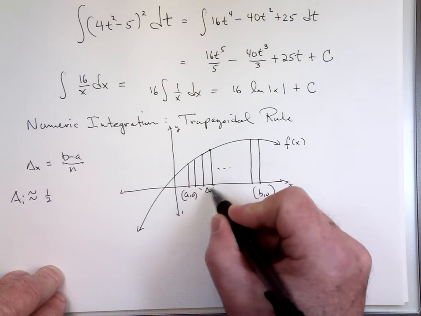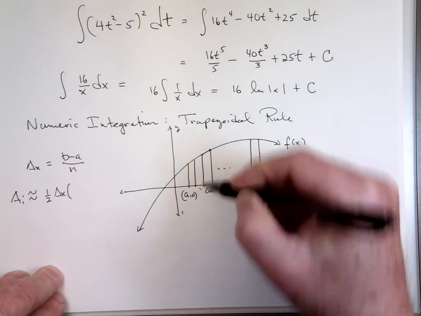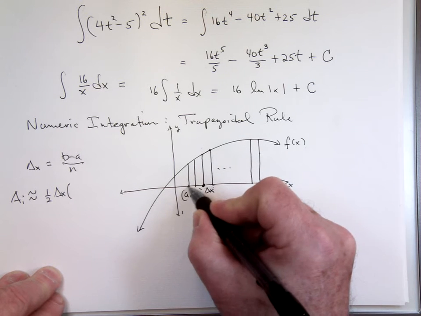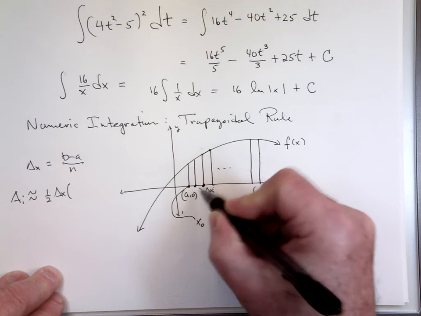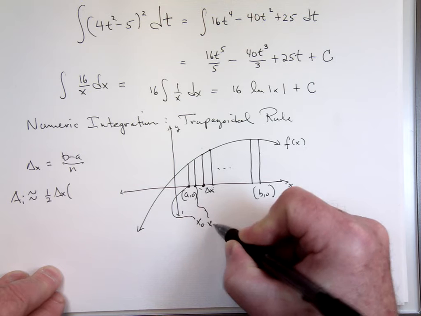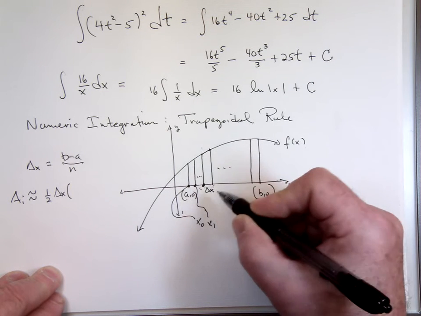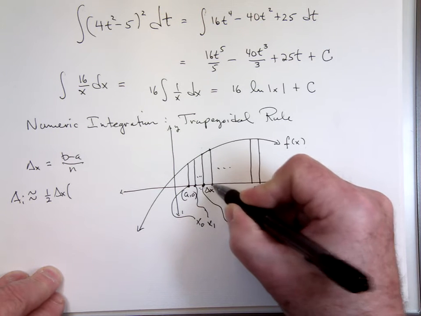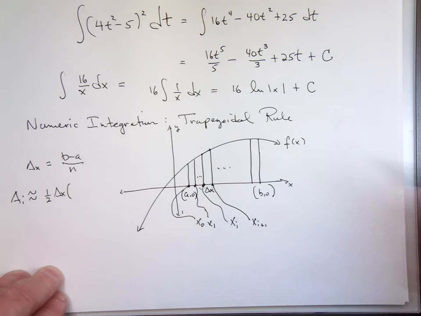That would be the delta x part, times the sum of the bases. Well, if I call this one here x sub naught and x sub 1, and this is the ith one, put some dots in here too, x sub i, and x sub i plus 1, etc., and keep on going.